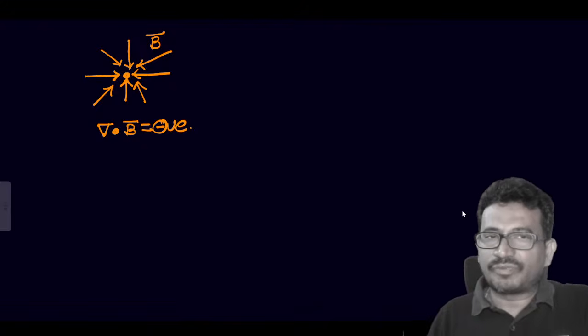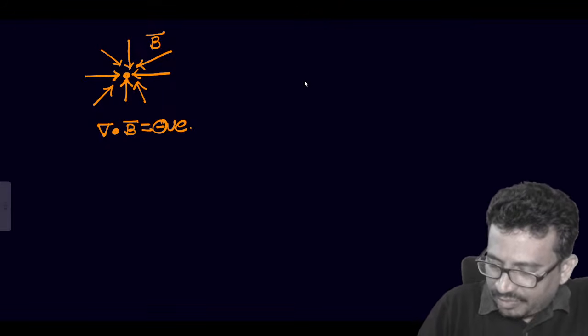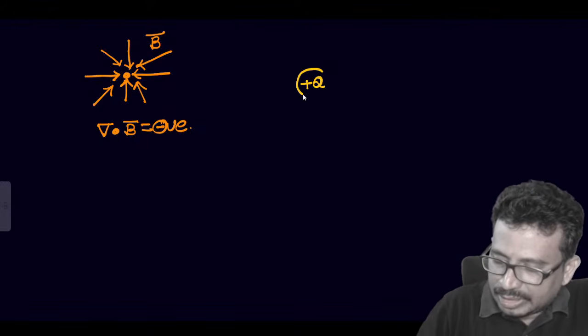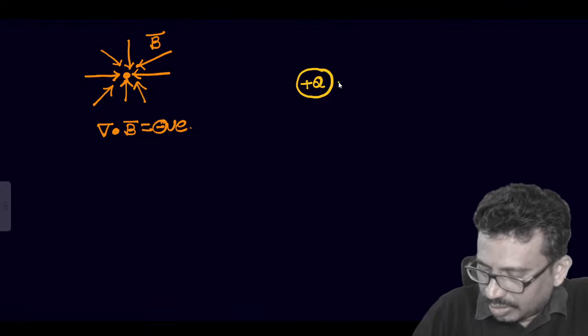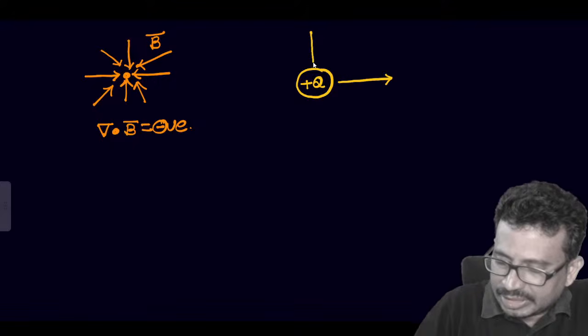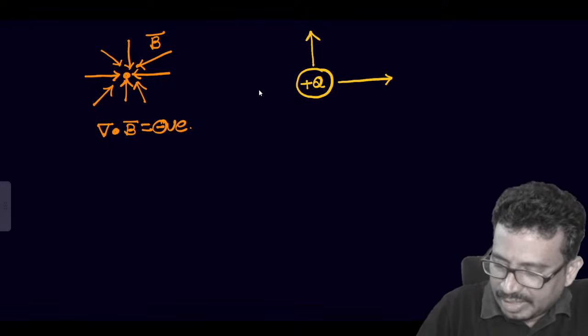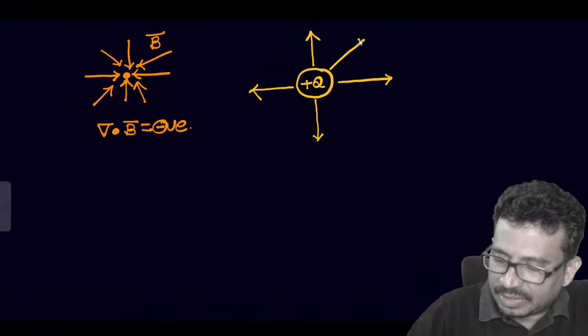Now we are going to find out: if we take a positive charge, how do the electric field lines look for a positive charge? Electric field lines go like this, all around the charge.